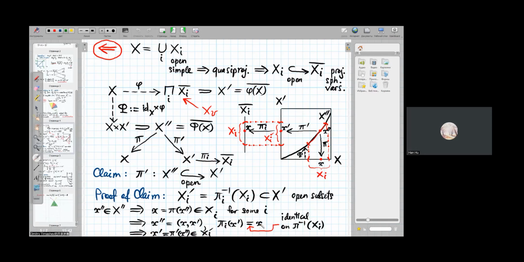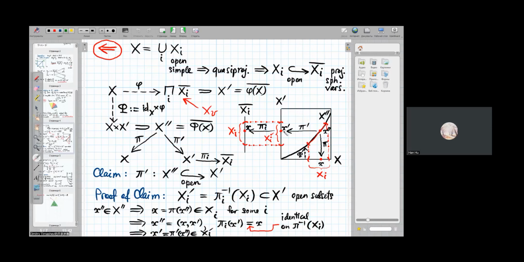Well, let me try to explain once more. First, you can consider this equation on the inverse image of xi under the map pi, because both sides make sense. I don't think the left side makes sense, because x prime may not exist.